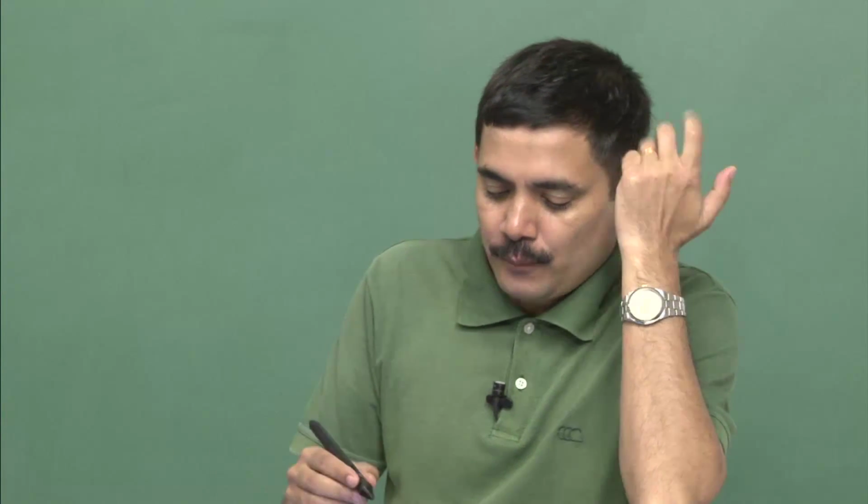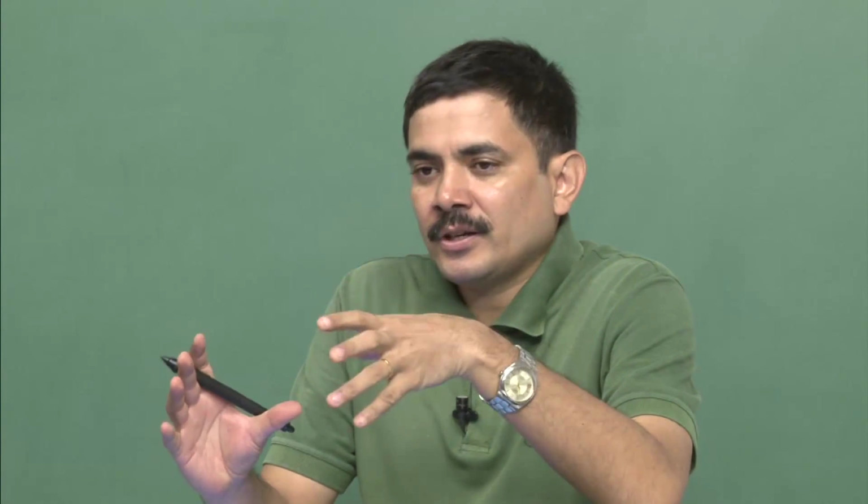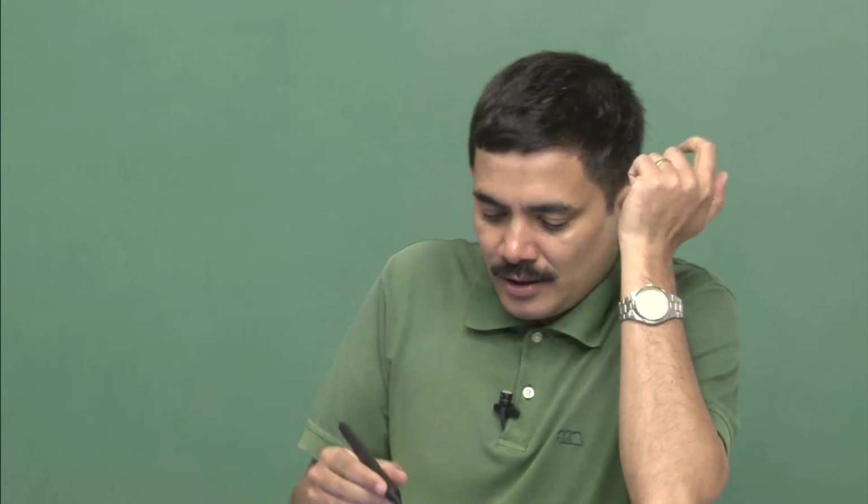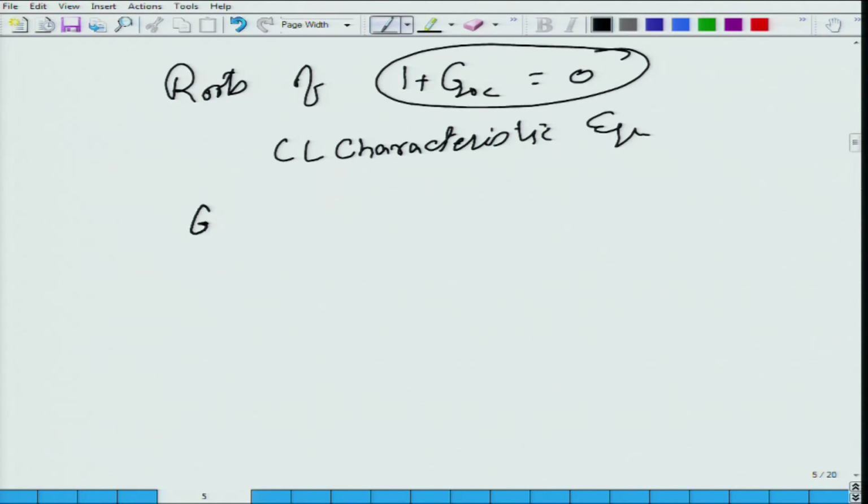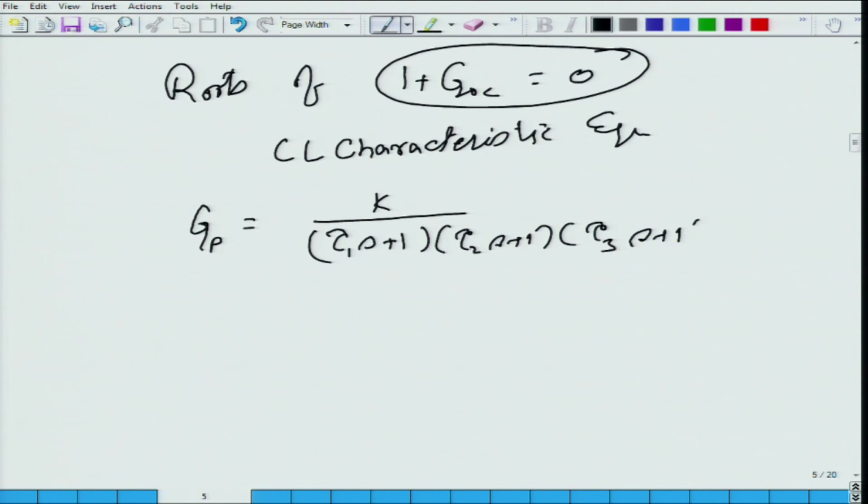Well, if you have a system which has got no dead time and which is representable by rational transfer functions, so, for example, g process may be equal to, I do not know, a second order or maybe a third order overdamped system, 1 over (tau 1 s plus 1)(tau 2 s plus 1), that is a third order lag, and let us say you have got a PI controller.